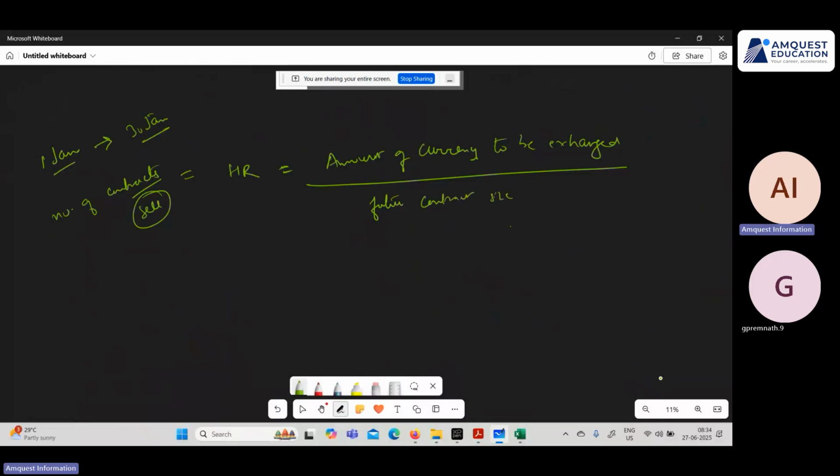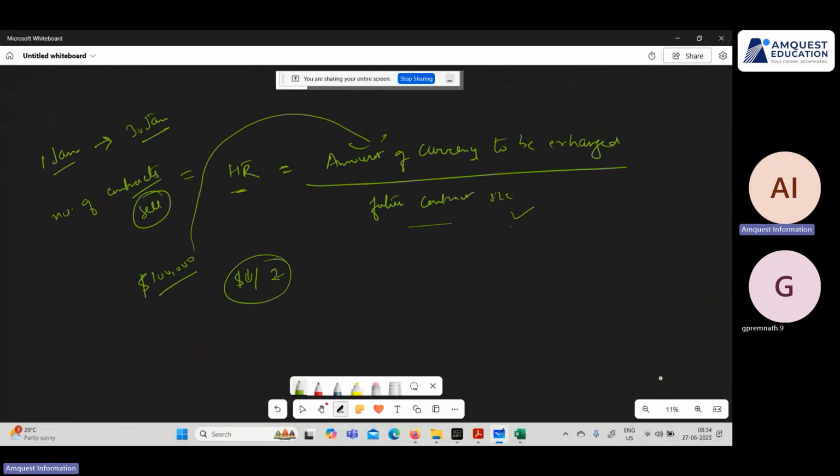It is a simple way to say that I'm going to receive $100,000 in the future, so I have to exchange my $100,000 versus the contract size. What is the contract size for $1 versus INR? If I get to know the size, I would know how many contracts I have to sell so that I can hedge my currency.